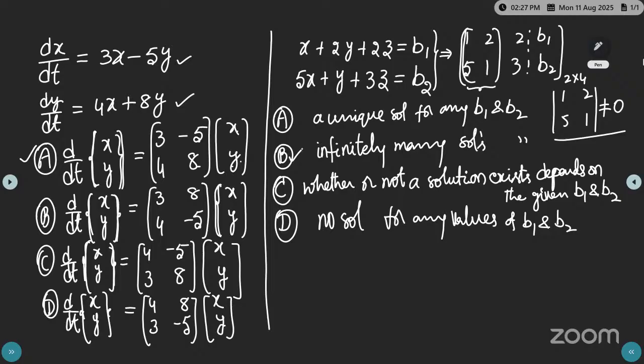Okay, write down. Unit 2, eigen values and eigen vectors.